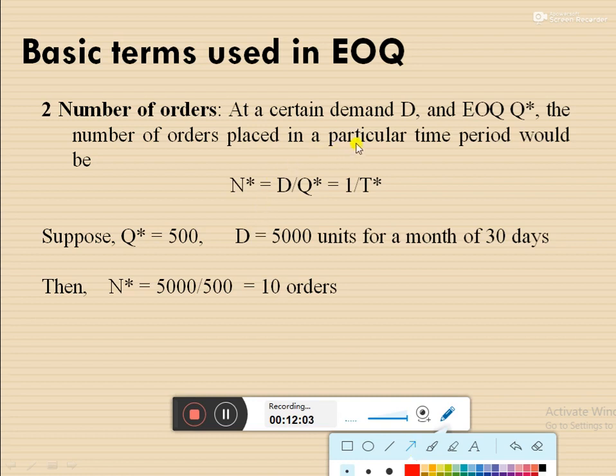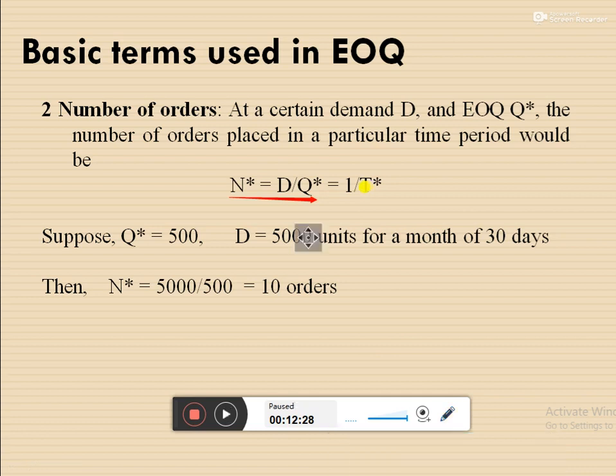At a certain demand D and economic order quantity equal to Q, the number of orders placed in a particular time period can be calculated by using this expression, that is total demand divided by order quantity, or N is just the reciprocal of the inventory cycle.